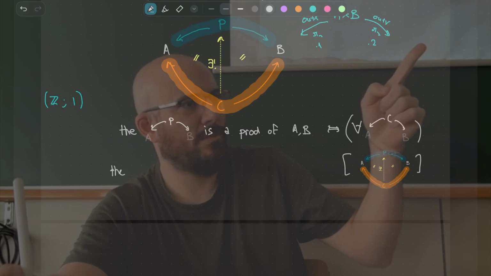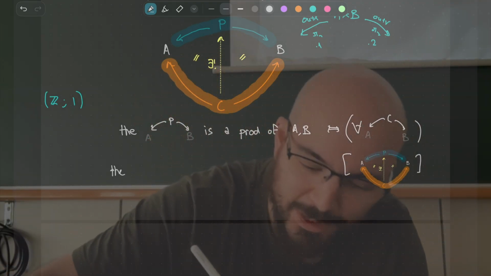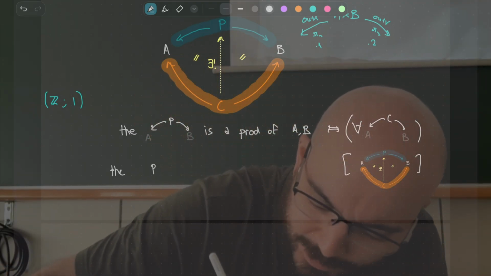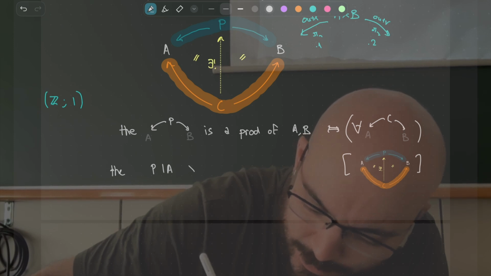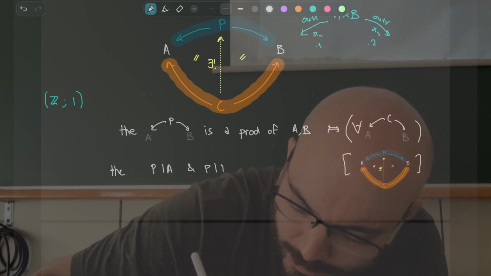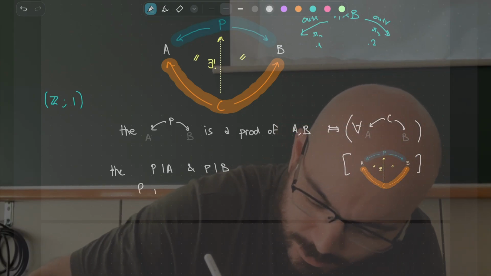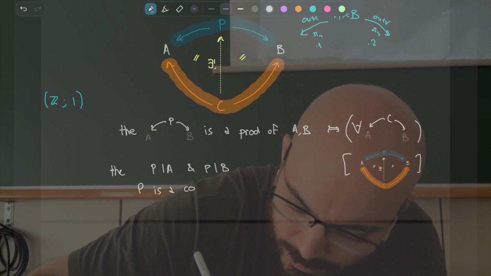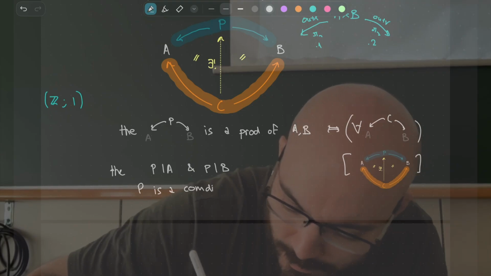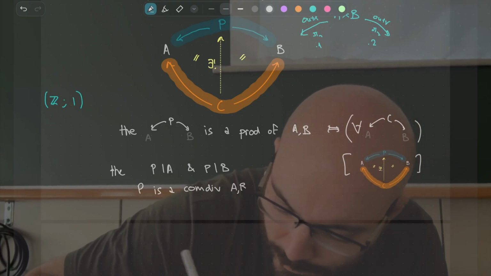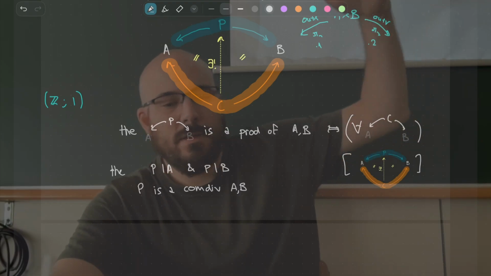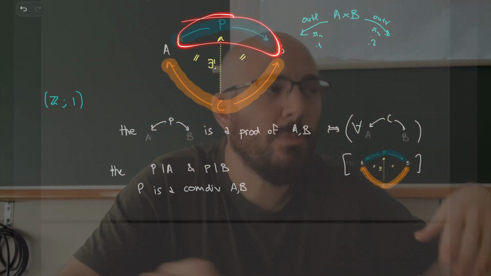P divides A and B. So first of all, I have P divides A and P divides B. I have a name for that: it's a common divisor. So this form guarantees that it's a common divisor.